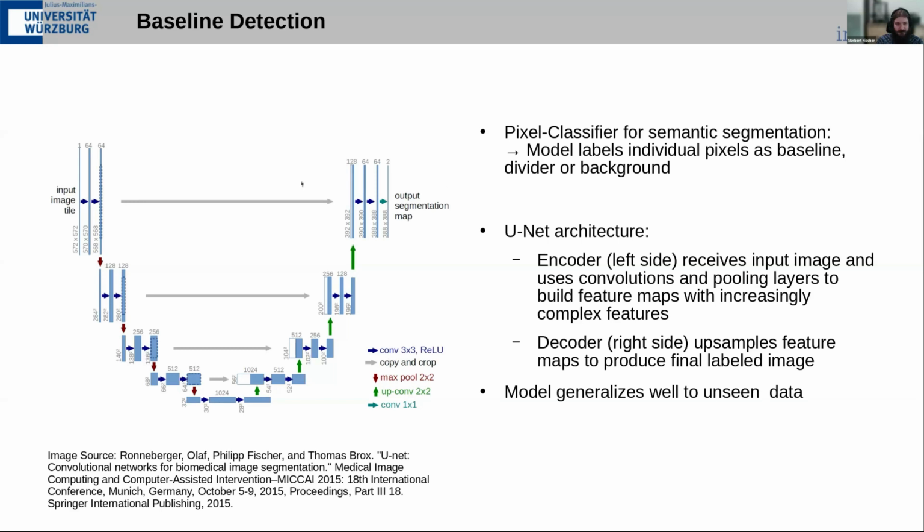Then the right side of the model is what we call the decoder, and its job is to upsample the feature maps and combine them with the lower level feature maps from the encoder in order to produce an output segmentation map.